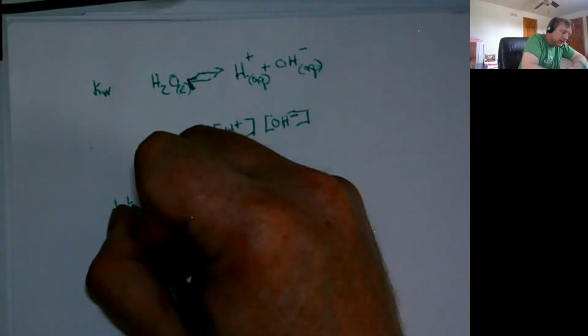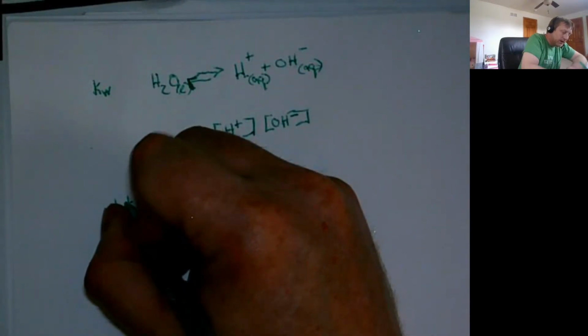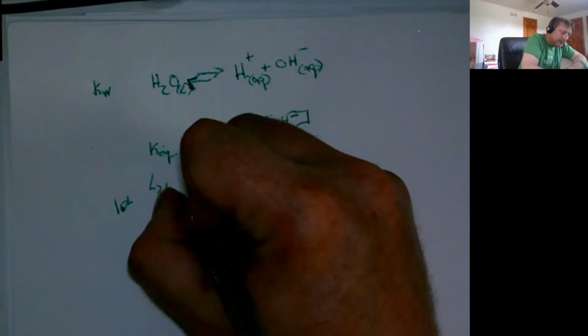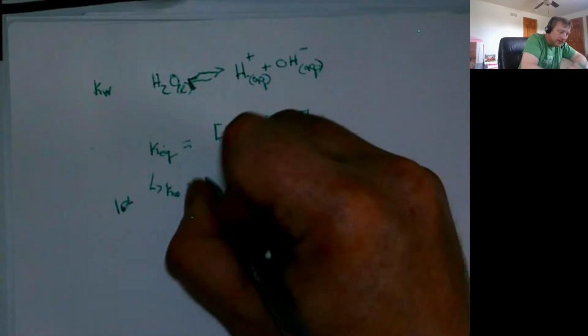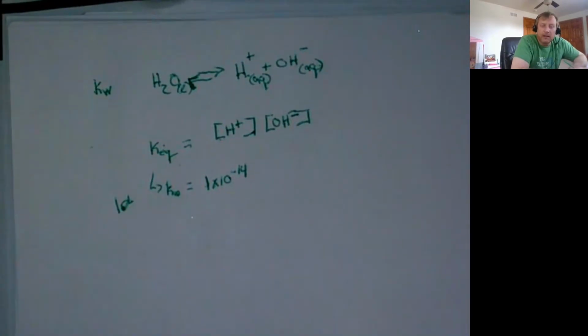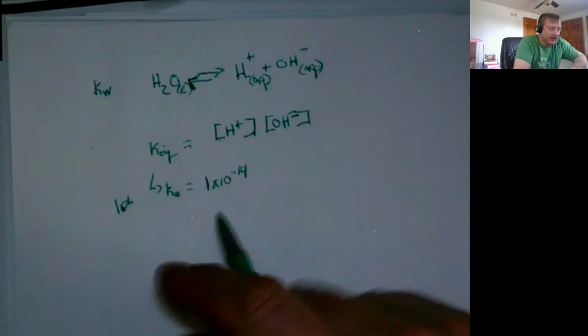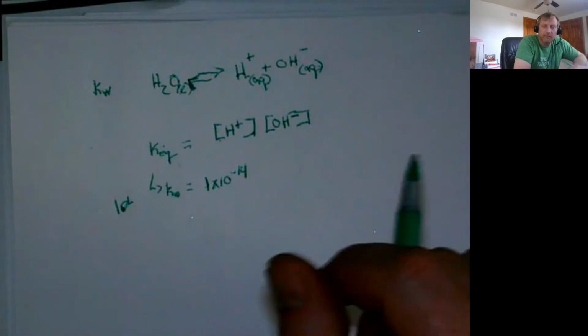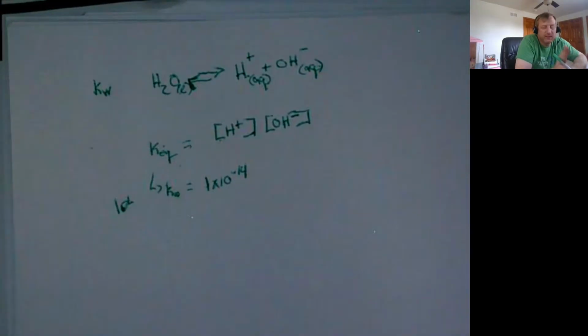So the known value for K sub W is 1 times 10 to the negative 14th. It's actually slightly less than that at room temperature, but it's precise enough for our purposes to work at any normal range of temperature.